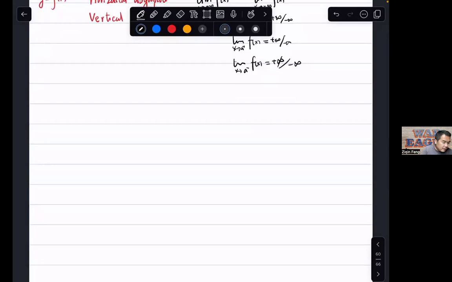So if you have f of x goes to 0, g of x also goes to 0, as x goes to a, which could be a plus or a minus or infinity or negative infinity.